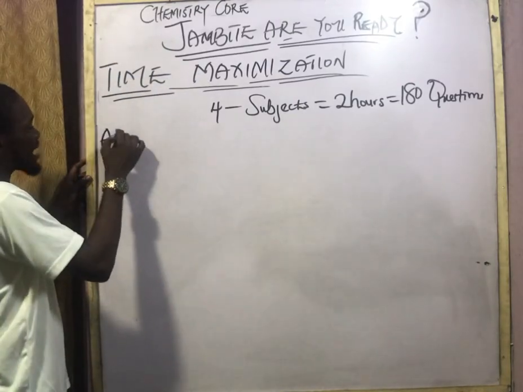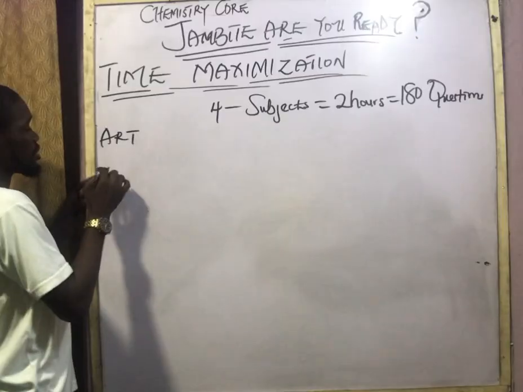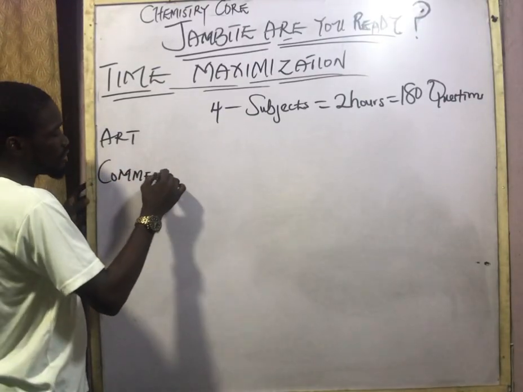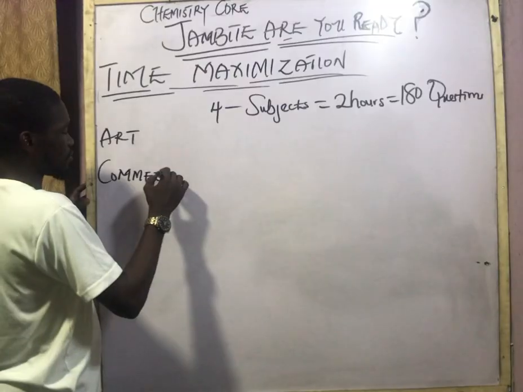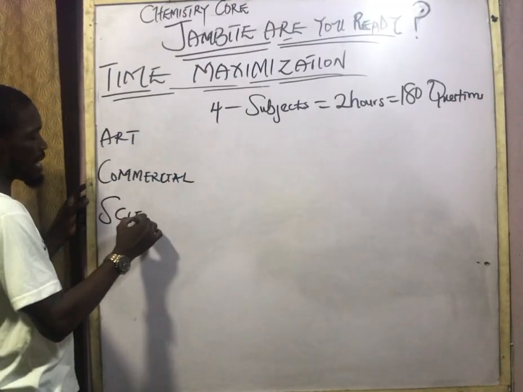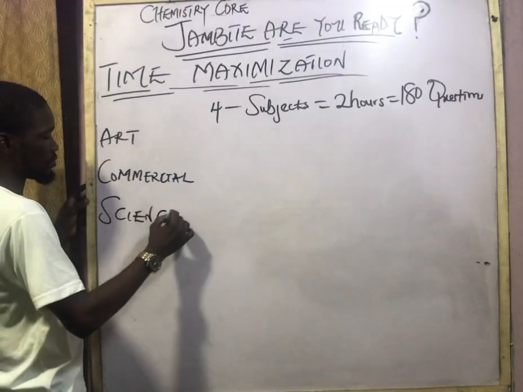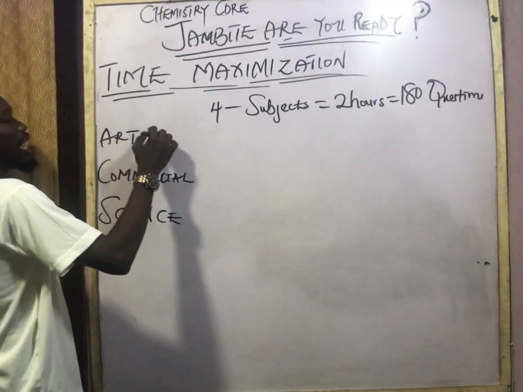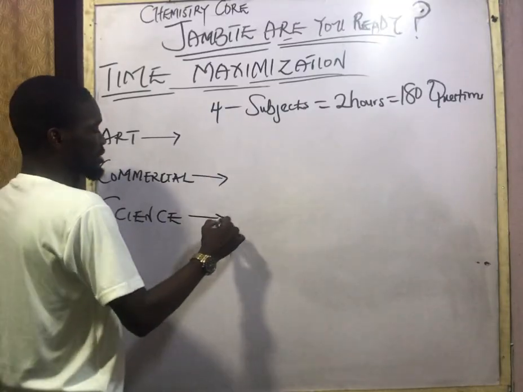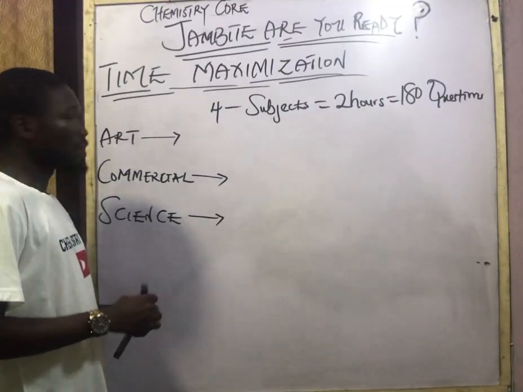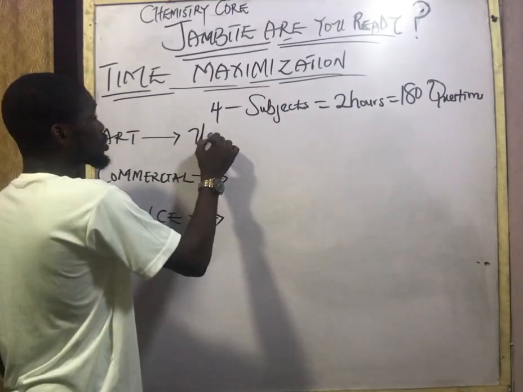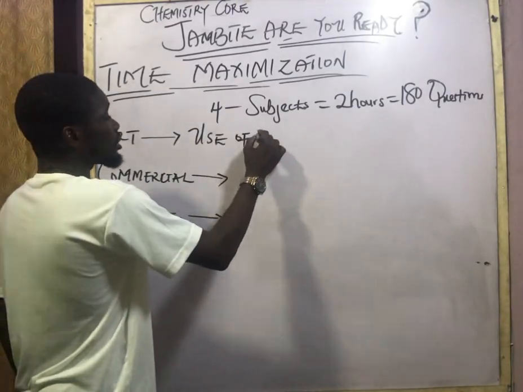You are in the arts department, you are in the commercial department, you are in the science department, and it is only one thing that is compulsory for the 3 departments, which is Use of English.